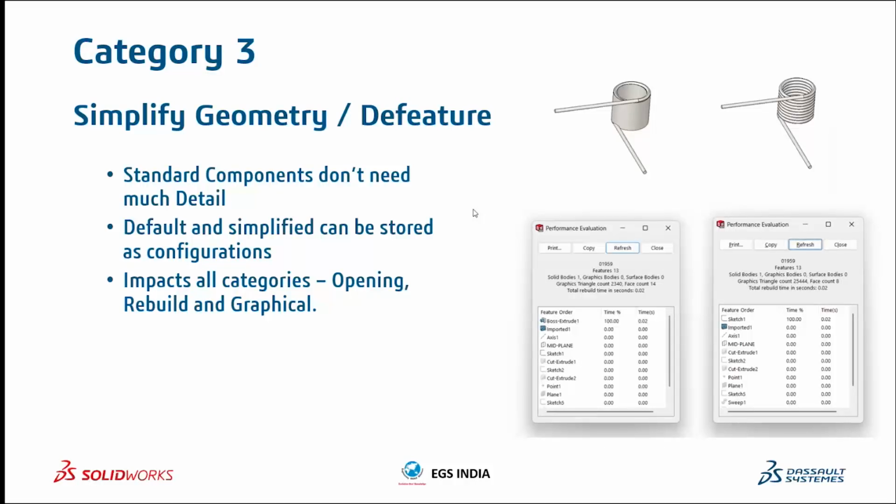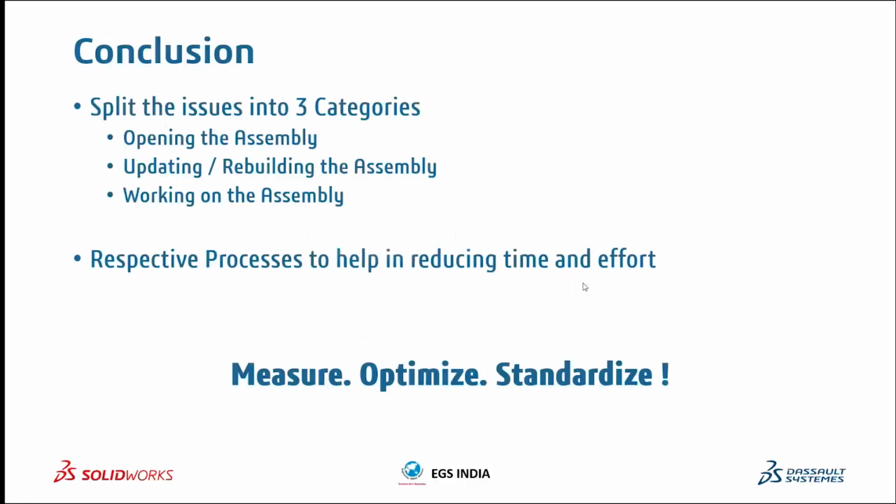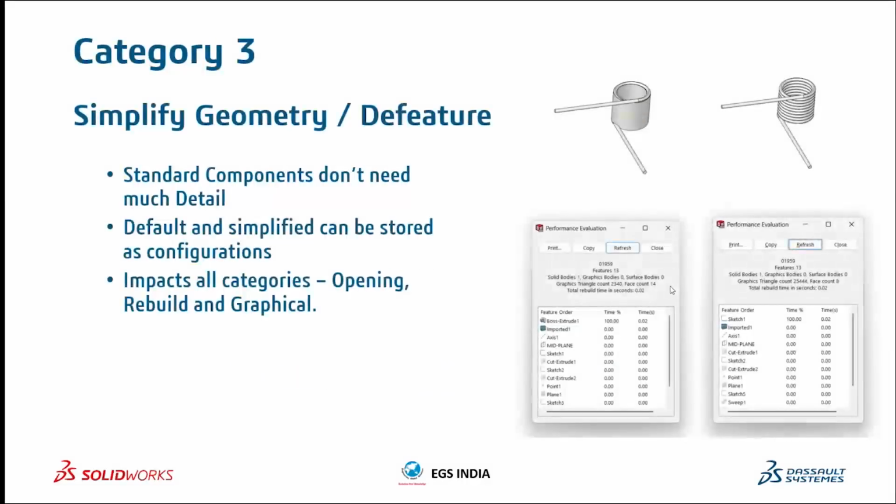When we're working on other components or other parts of the subassembly, you can work with the simplified configuration, whereas the exact geometry is for when you need the detail. So basically, the data is not lost, it is just hidden for your current feature. With this, I think we can conclude the topic.